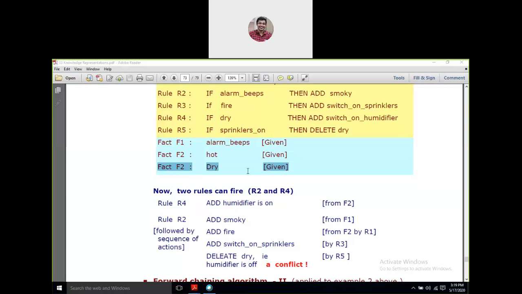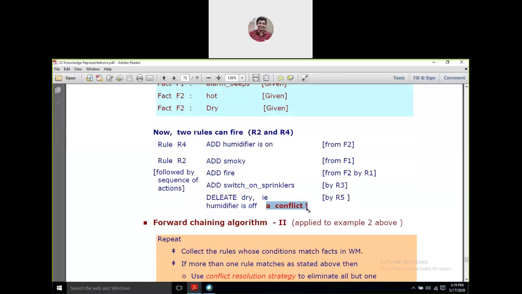By doing so, what we have got here is a conflict. That means we have to delete certain information that has already been provided in this factual part, that means in this working memory part. So these are the initial cases where you can see a conflict coming up.